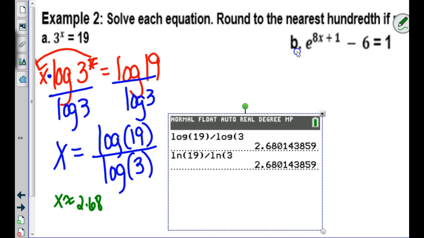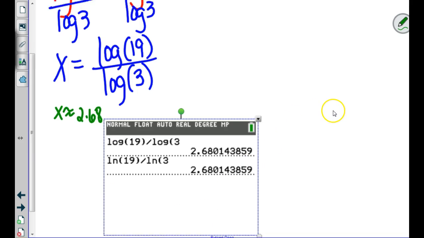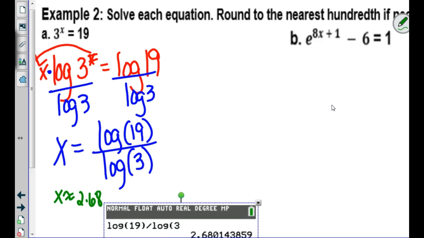All right, part B, we are using our algebra brain first. So what do we want to do first? Add 6. And then we have e to the 8x plus 1 equals 7. Now with the x in the exponent, we're going to have to take the log of both sides. What kind of log do we want to do because it's base e? ln.